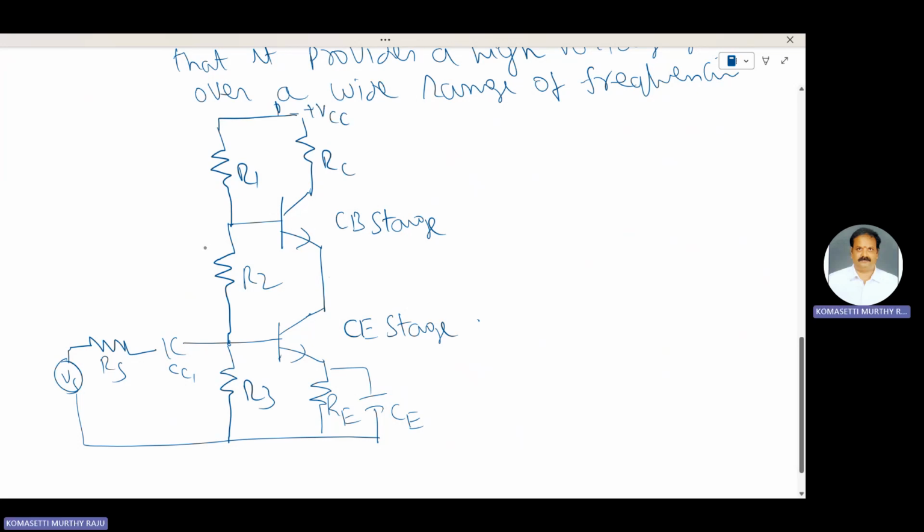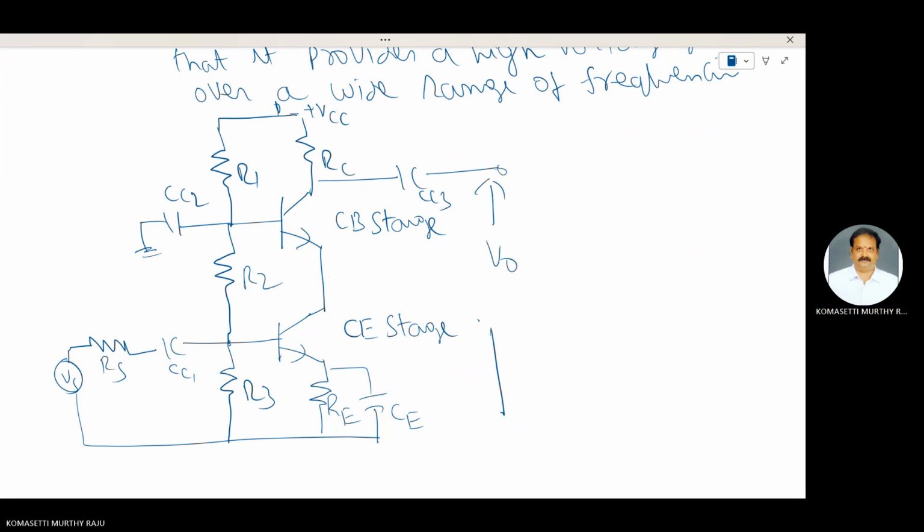This one is VCC. Here another capacitor is CC2, CC3. This one is out. This one is the CB stage and the CE stage.